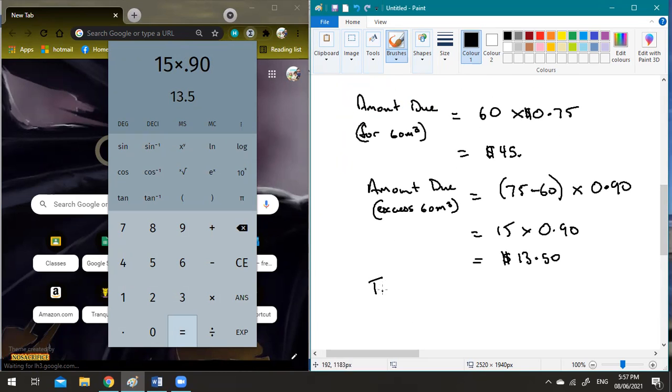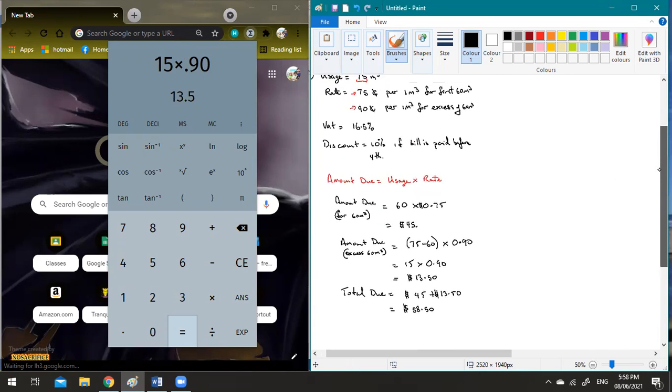So the total will be the $45 added to the $13.50. So $58.50.